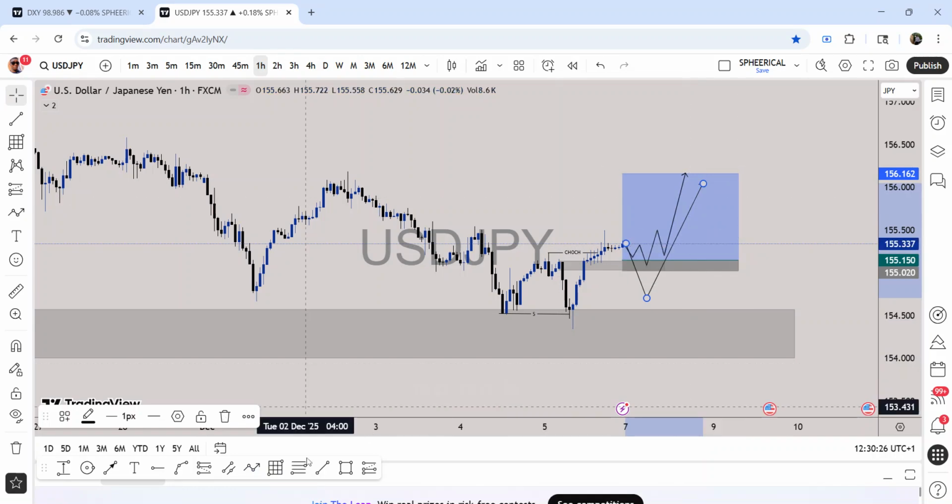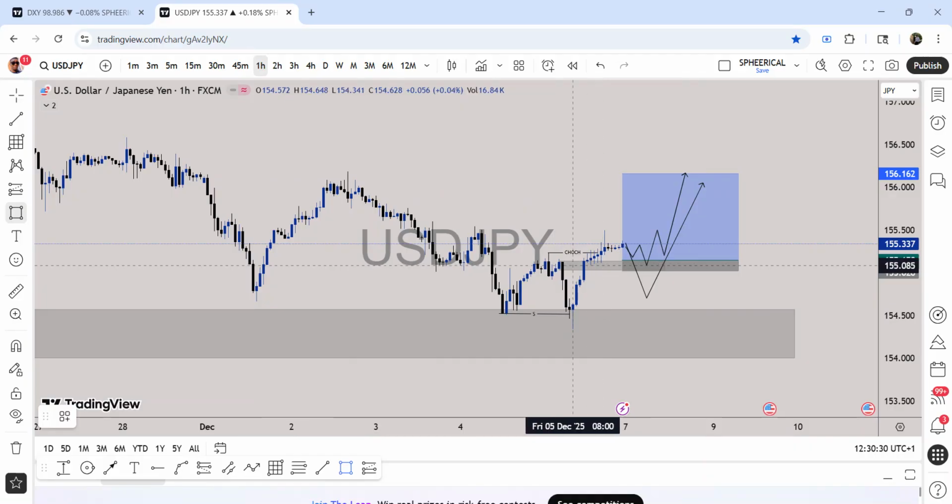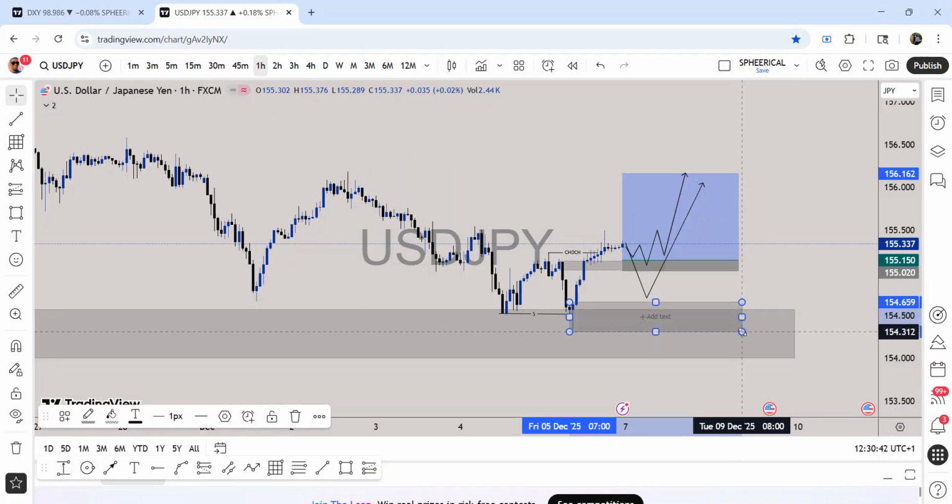So we have two major points of interest, which is this mitigation, this breaker block, and this other block here. So we will be taking the trade with confirmation, having it in mind that USD is going to pick strength.